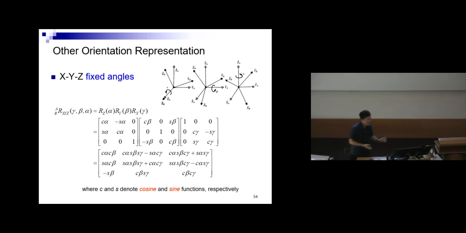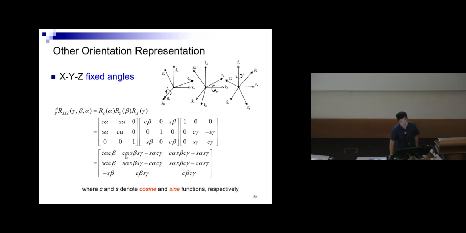After you have them all together, you do the multiplications. You multiply these two, and then multiply this with the product of those two, and you end up with this matrix of 9 elements. This includes cosine alpha cosine beta, and cosine alpha sine beta sine gamma minus sine alpha cosine gamma.